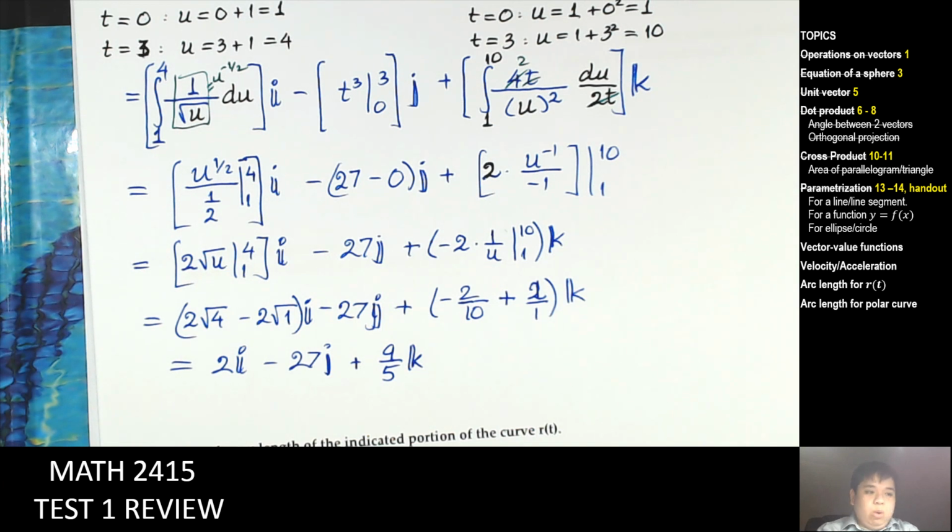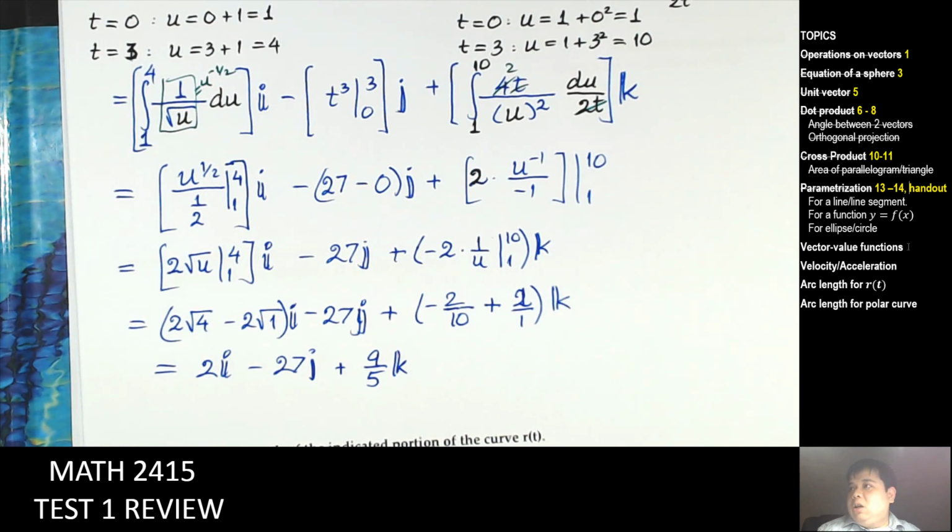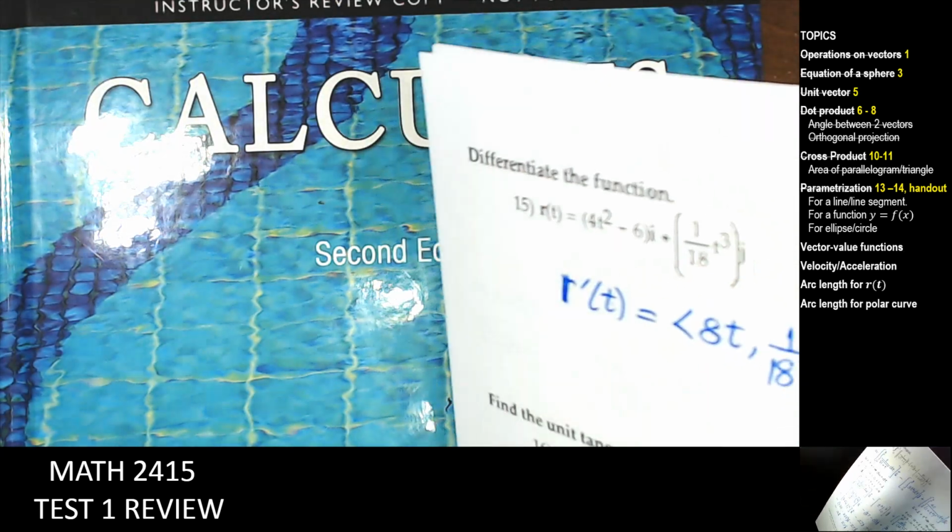Right, so we can do calculus on vector valued functions. Pretty much apply it to each component of the vectors. So that was 15 to 19.